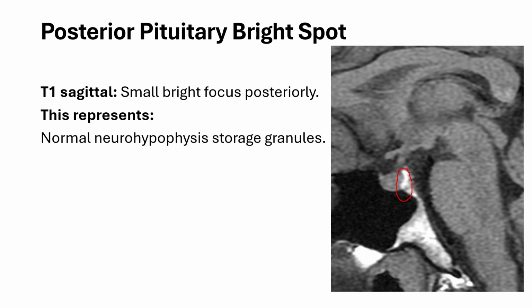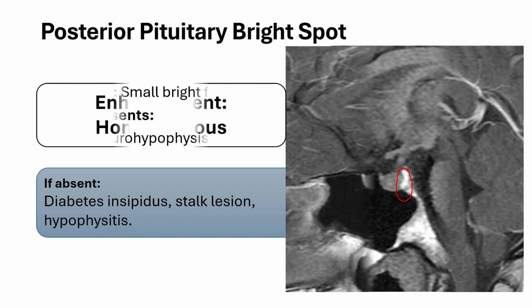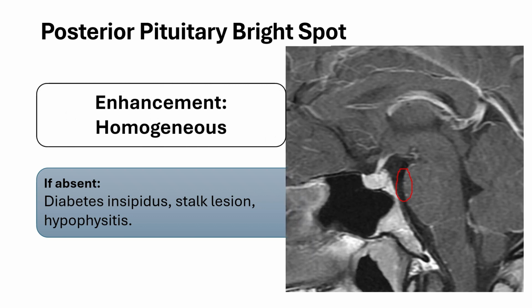So this appears bright on T1 weighted image. If it is absent, think of diabetes insipidus, stalk lesion, or hypophysitis. And enhancement of the pituitary gland is homogeneous. We can see here the pituitary gland is homogeneously enhanced, including the infundibulum.